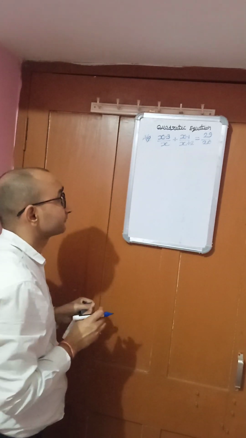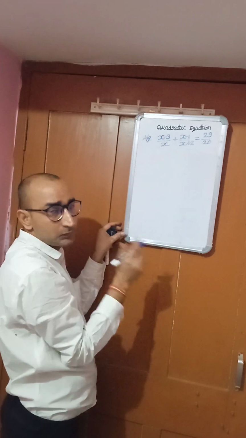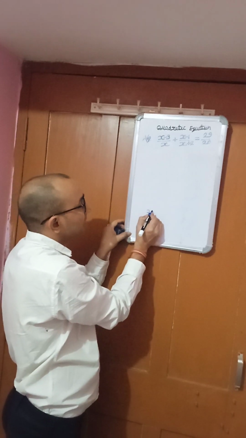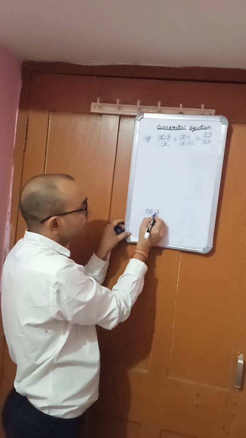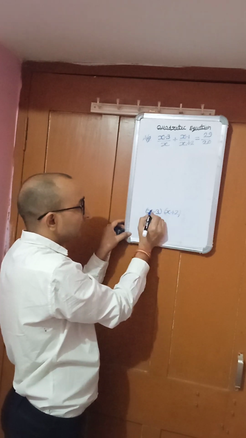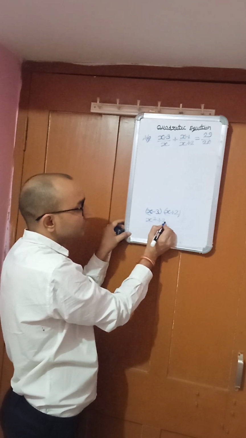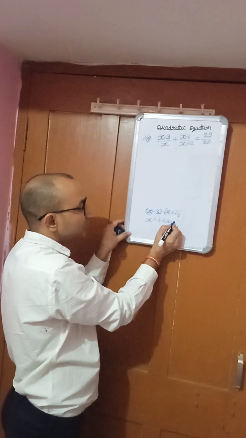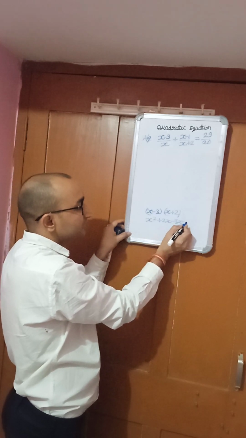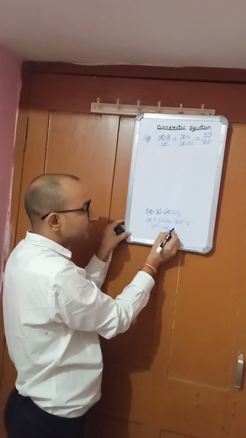Okay, so let us solve this. If we multiply x minus 3 into x plus 2, this is x square plus 2x minus 3x minus 6, which becomes x square minus x minus 6.